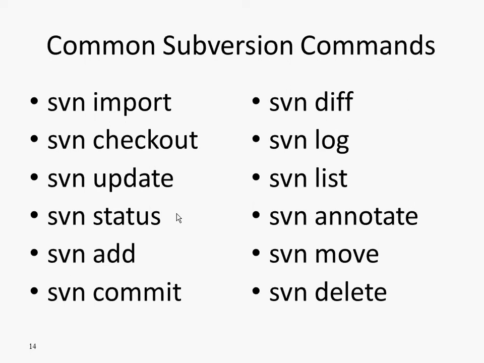SVN status gives some information on the recency of different files. Are they for an earlier version of the code? We'll see that in another minute with a little bit more example. SVN commit commits our changes after we're confident they're worthy of being committed. They won't break other people's code. You don't commit garbage.